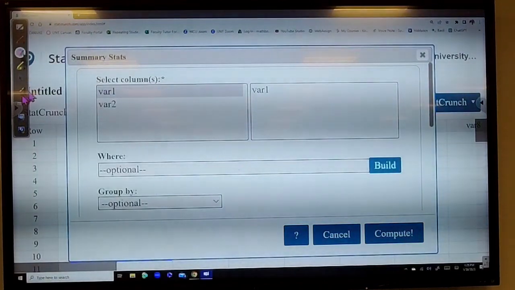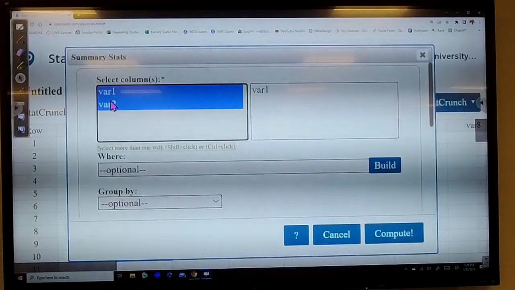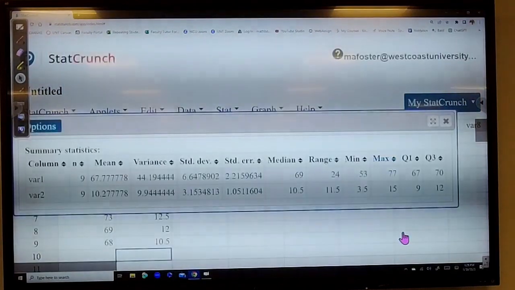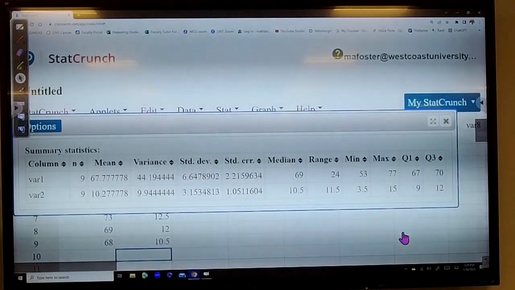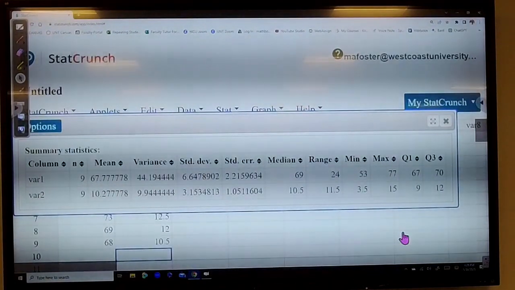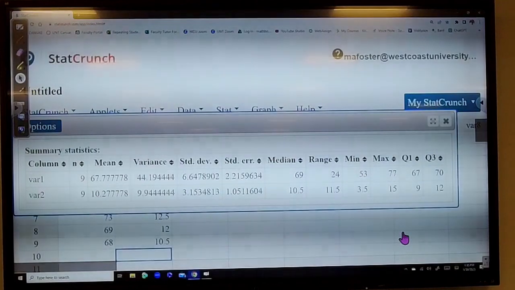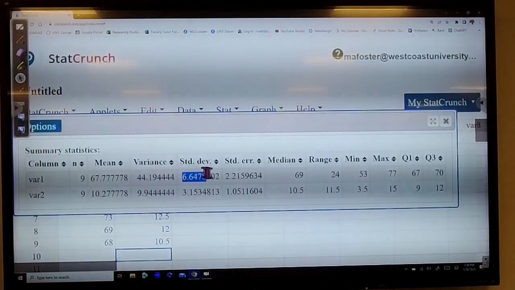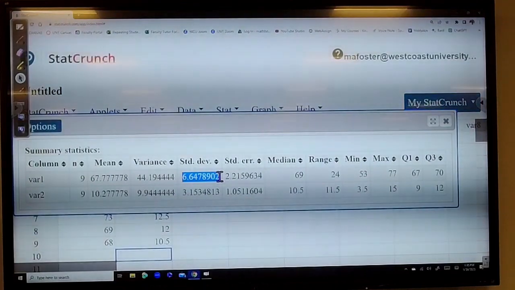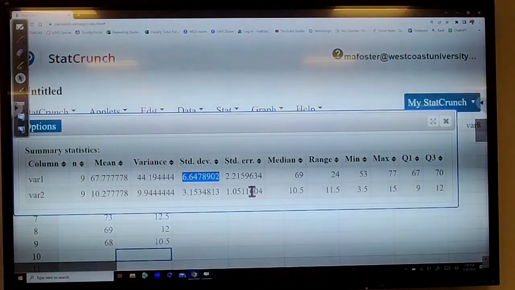I can hold down the Control key here and pick both of these. You might as well do that, so that way it'll just show you both of them at the same time. And all I'm needing is the mean and the standard deviation. Make sure we're getting the standard deviation, not the standard error. That's not what we're wanting.